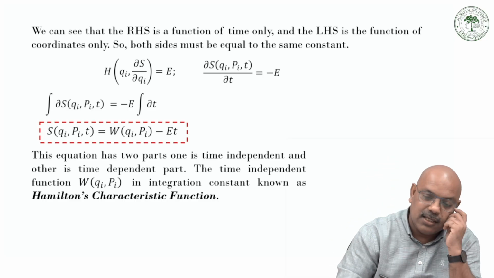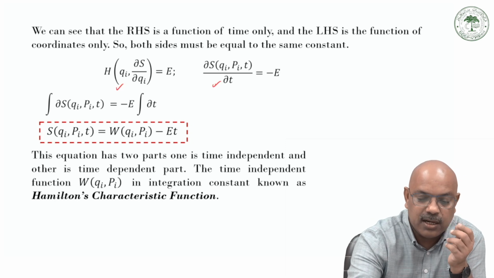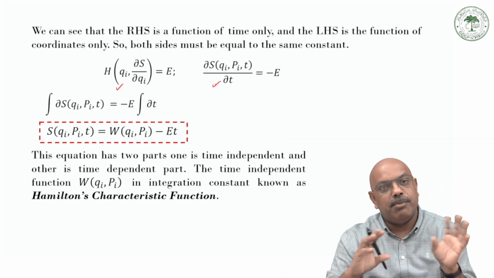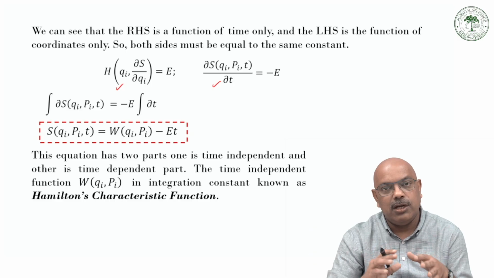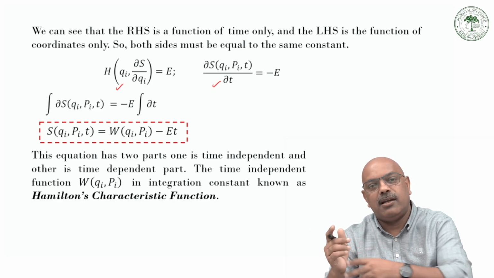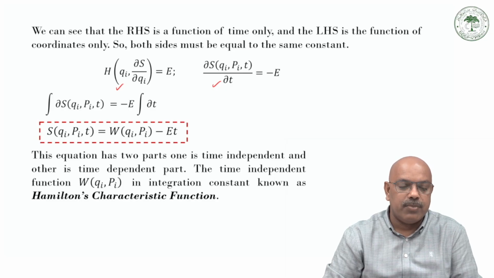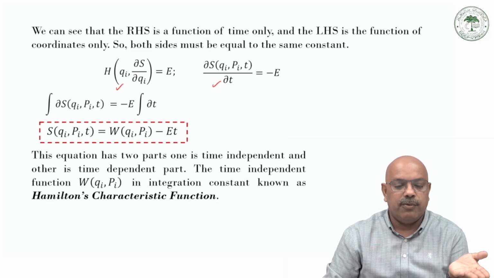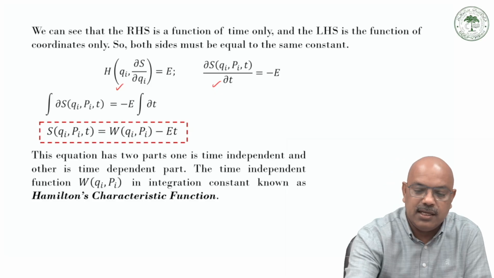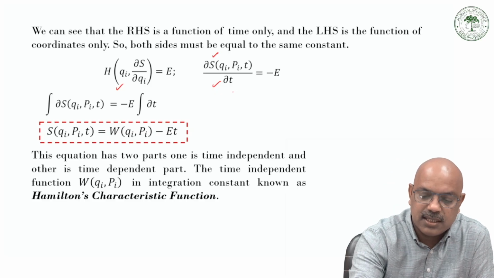So this part and this part were individually independent of each other, but they were equal, so we can equate them to the same single constant, which is the energy of the system.